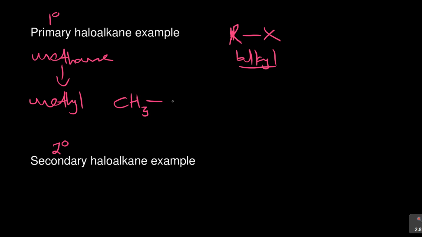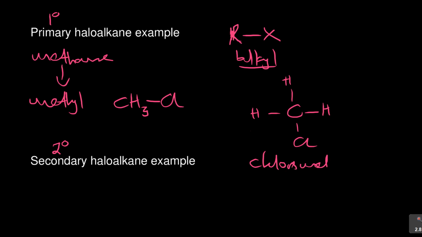Then if I put X here, it becomes a primary one. So X can be, for example, Cl. If I draw the structure of that, you have Cl, H, H, H. This is chloromethane. Doesn't matter, you can name as many as you have.